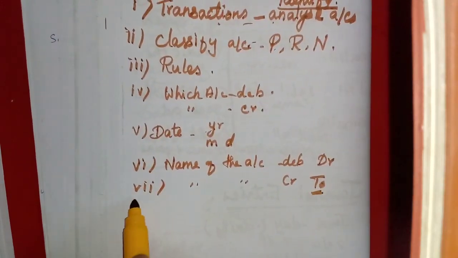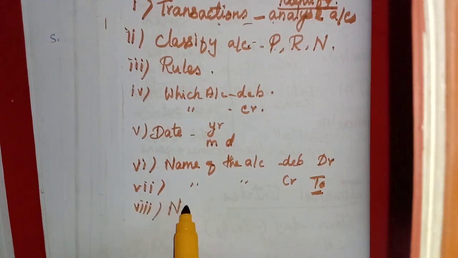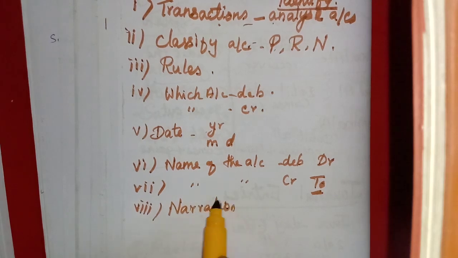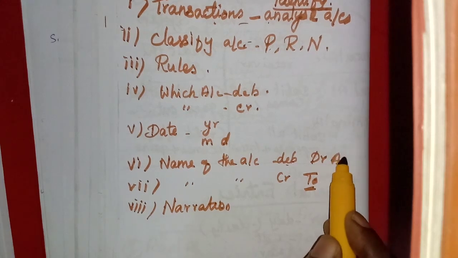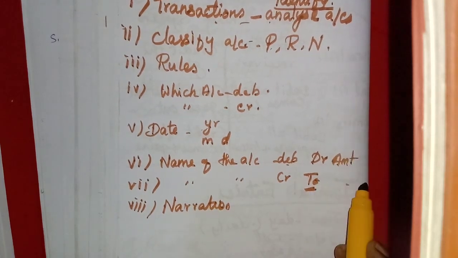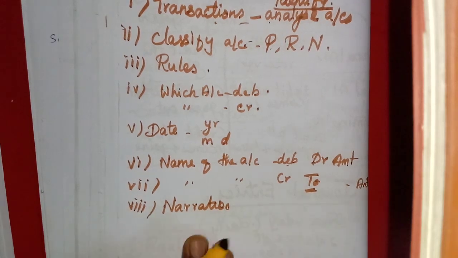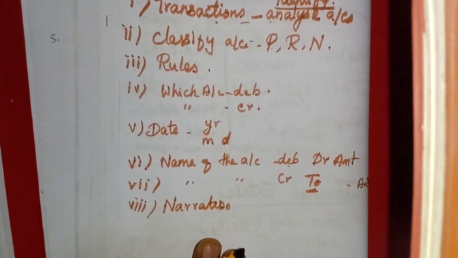Then the last step, we have to write the narration. Before that, when we write debit, we should write the amount also, and for credit we should write the amount in the credit column. So there are 8 steps in preparing journal entries.